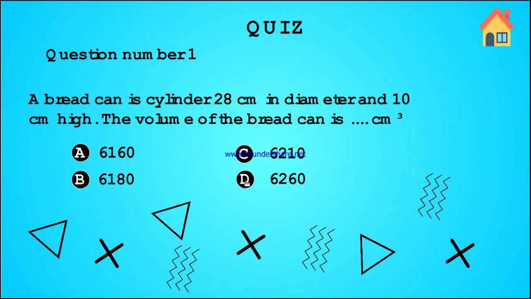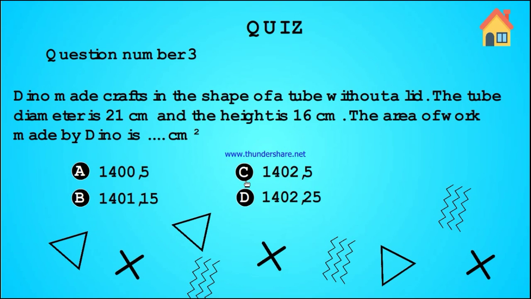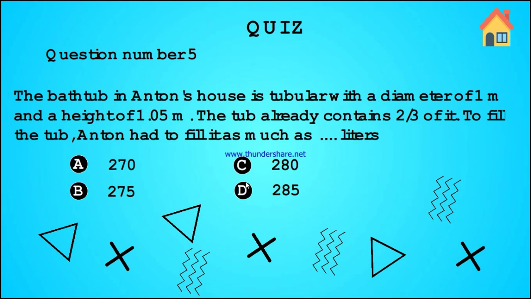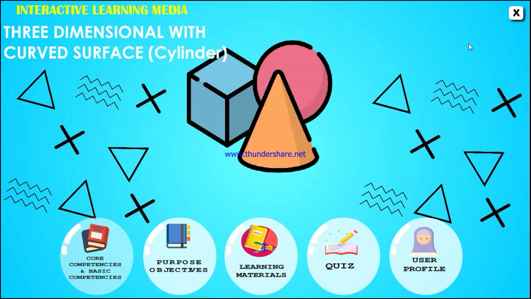After you choose one option, the next question comes. And then, at the last, you can read your score. Thank you. And then you can click the Home button to go back to the main menu.